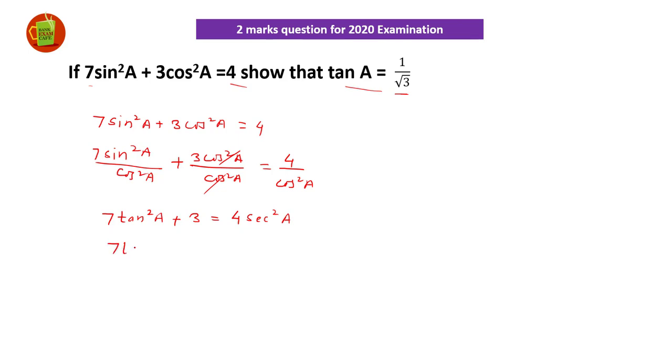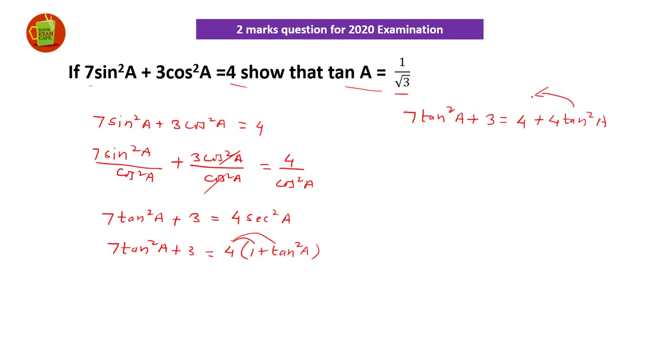So 7 tan square a plus 3 is equal to 4 into 1 plus tan square a. Multiply by 4 inside the bracket. So it will be 7 tan square a plus 3, which is equal to 4 plus 4 tan square a.